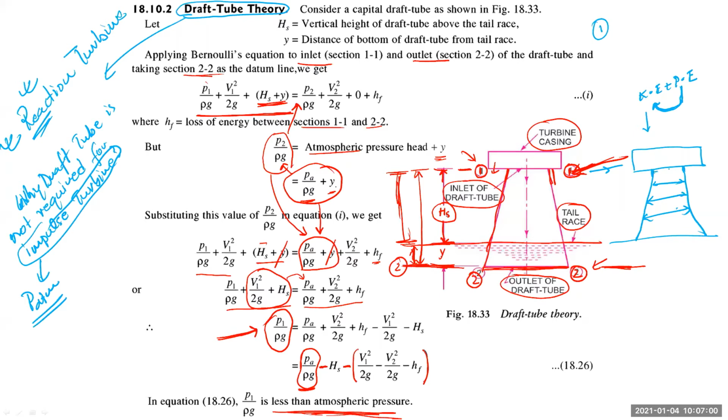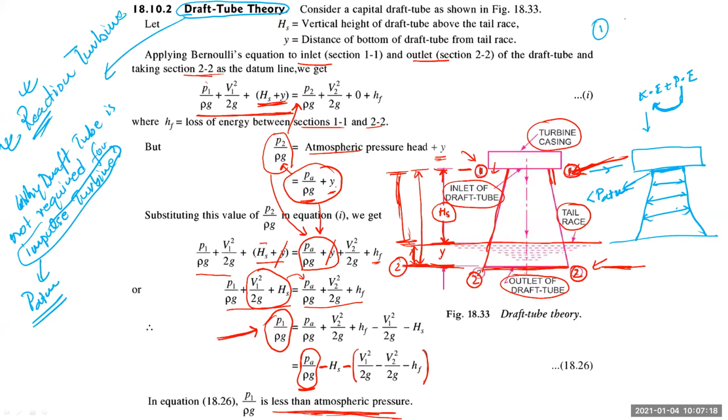So at the outlet position, at this location, the pressure is negative. Pressure is reduced to below atmospheric pressure, meaning less than P atm. If we do not increase the pressure over here, then what will happen?